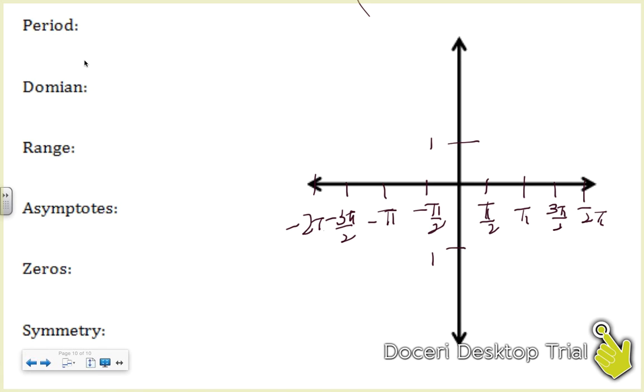Sine starts at 0, then it goes up to 1, then it goes down to 0 at pi, then it goes to -1, and then it goes back to 0. Just got to finish the thing, go to 0, go up to 1, and back down to negative. So this is sine. My asymptotes are at the pi's.